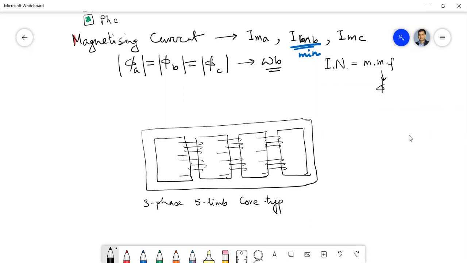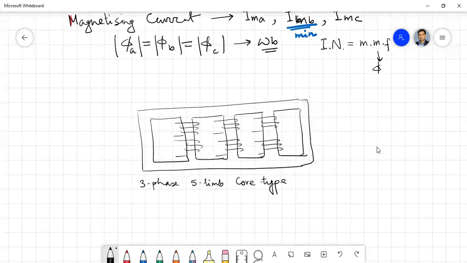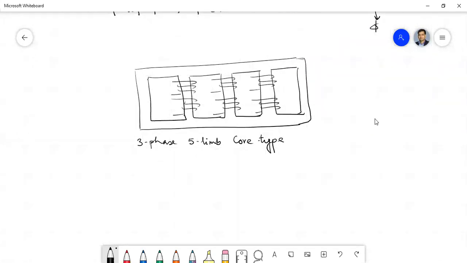This is also a three-phase 5-limb core type transformer. Okay. So here almost the magnetizing currents are balanced, because here the magnetizing current can flow through additional limbs.